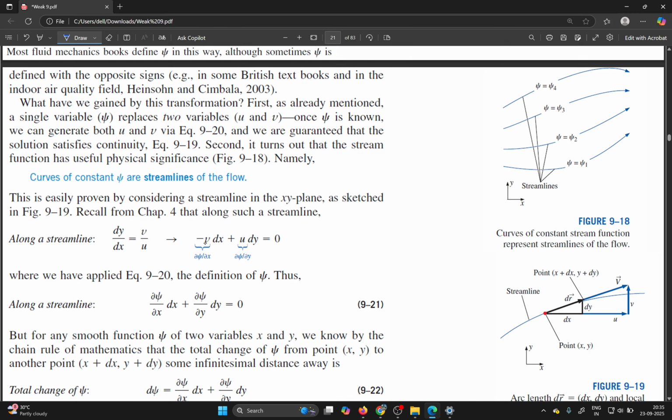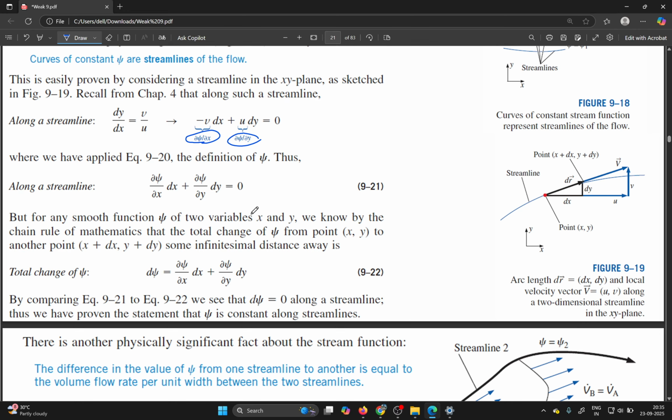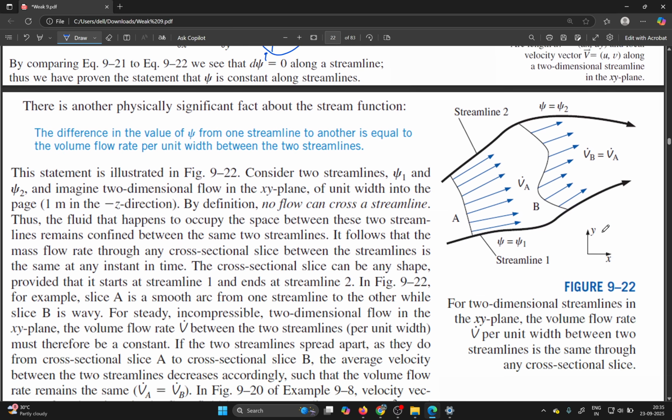So for the streamline, at the place of u you will put del psi by del x, and again here, and finally you will get the total change in psi equal to 0, which means psi is equal to constant. So a similar thing we are using here.